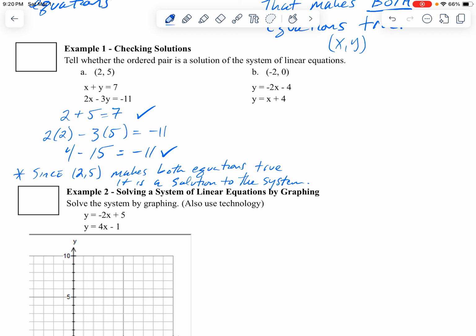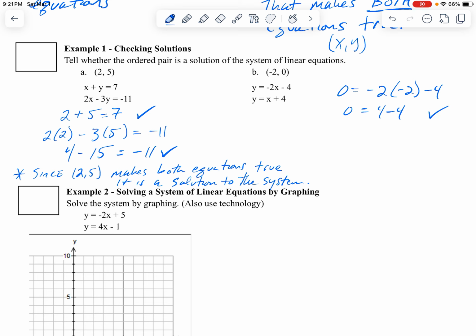Okay. So we're going to do the same thing here with part B. And this might be a good opportunity to try this on your own and then come back and just check your work. So again, x is negative 2, y is 0. We're just going to plug it in and see if that makes those equations true. So 0 equals negative 2 times negative 2 minus 4. So 0 equals 4 minus 4.